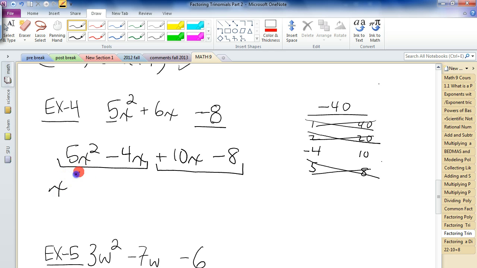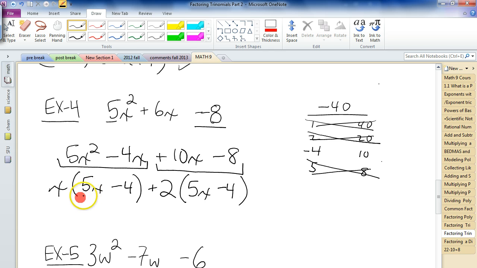What am I left with? A 5x. What am I left with here? A minus 4. What's a common factor here between 10 and 8? Well, 2 is. 2 goes into there, gives me 5x. 2 goes into there. Now, what times 2 gives me negative 8? Negative 4. That's how you do that.